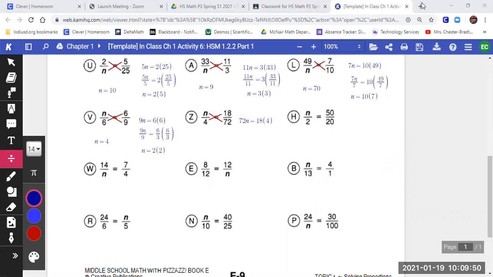So we got to think of numbers where one will divide the 18 and the other will divide the 4. Now, does 8 divide 4? No, 4 divides 8, but 8 doesn't divide 4.